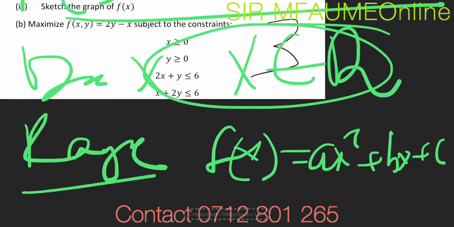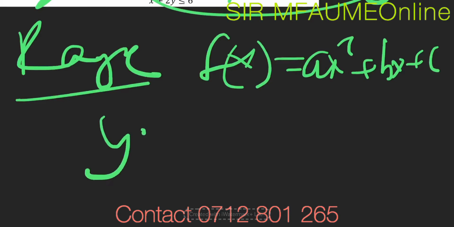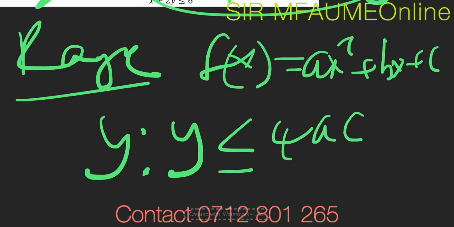In case the quadratic equation has a maximum value, then its range is given by y such that y is less than or equal to 4ac minus b squared over 4a.